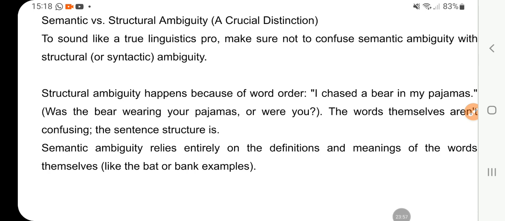The sentence structure is. So semantic ambiguity relies entirely on definitions and meanings of words themselves, like the bat or bank examples, right? So the sentence must be structured properly and context must be clear, so that ambiguity can be reduced.